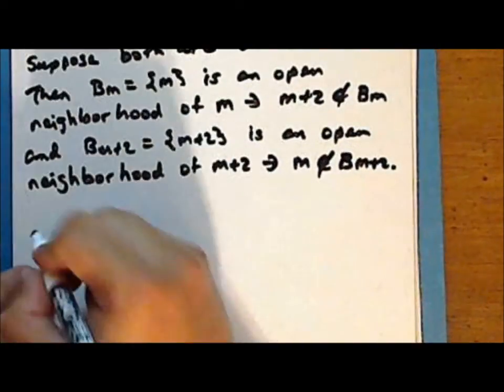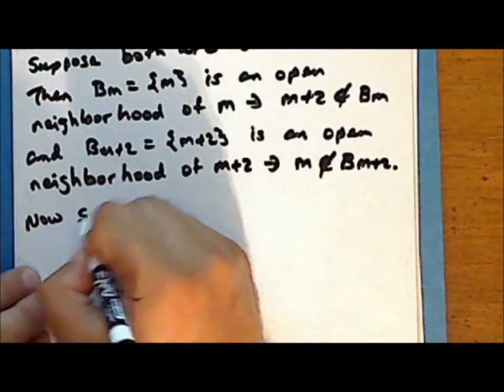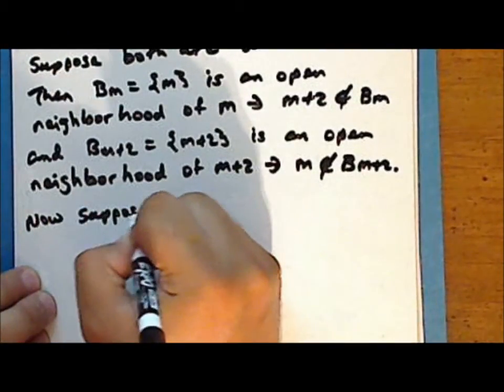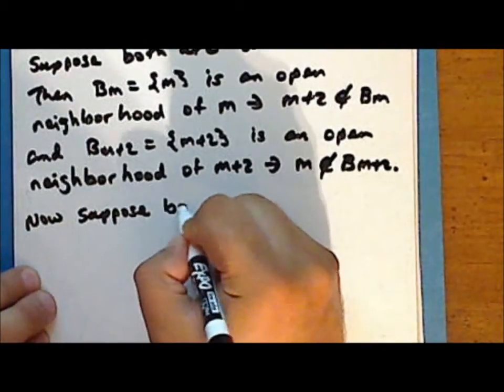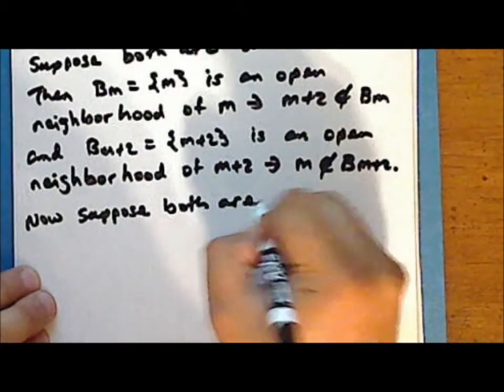So now suppose that both integers are even.